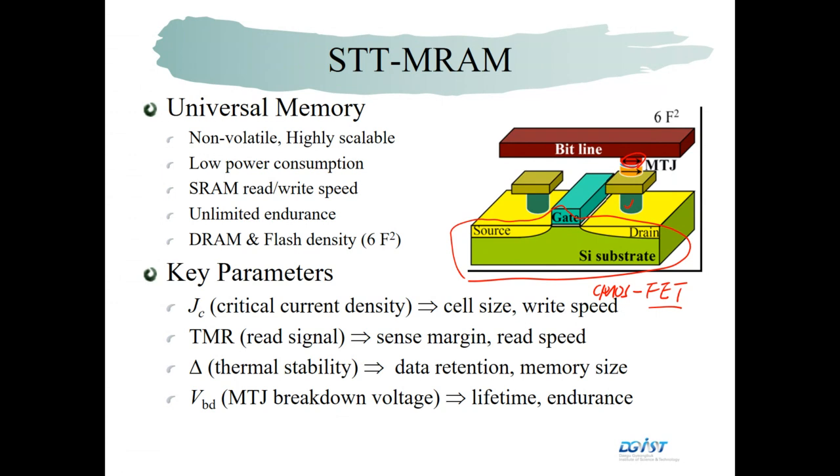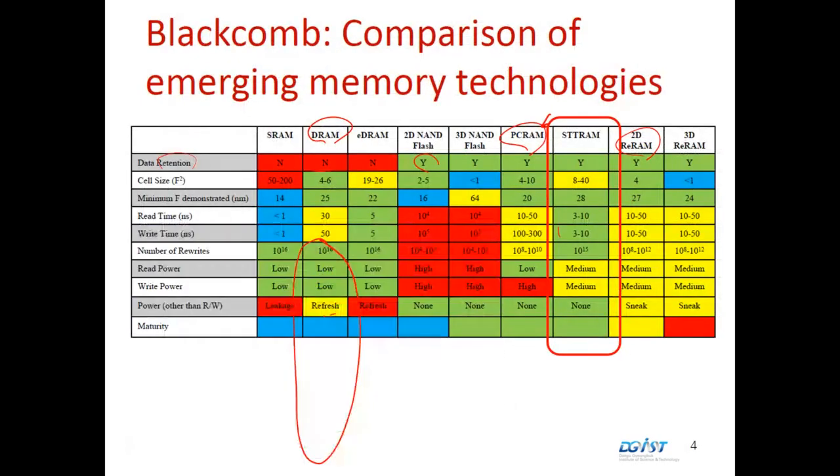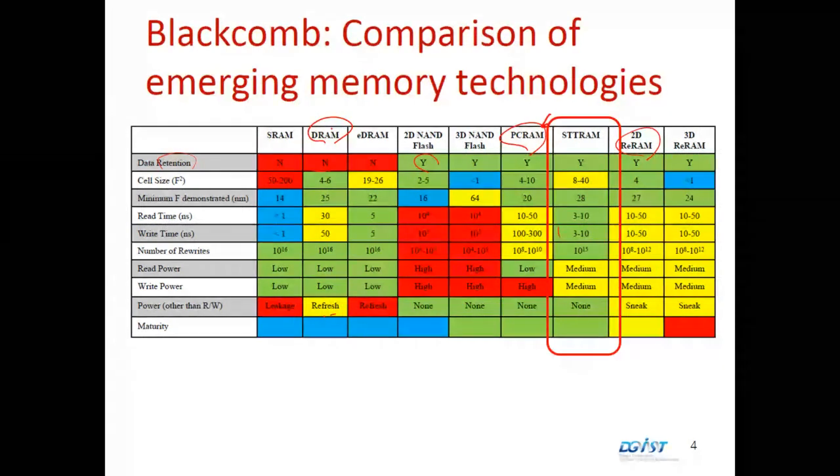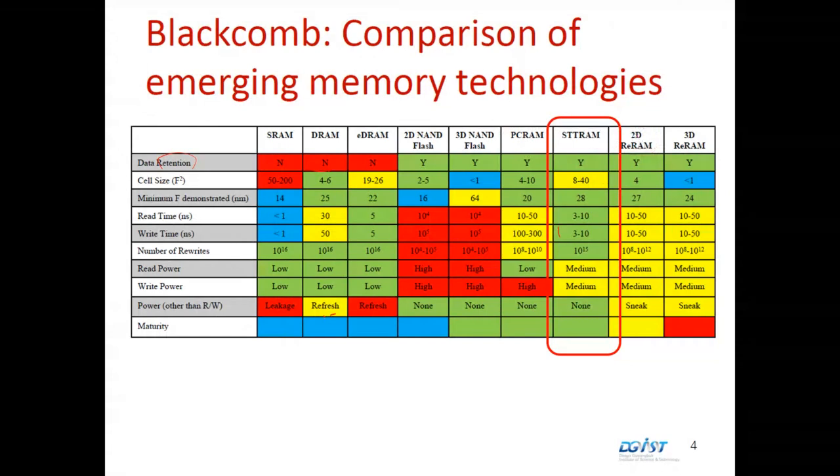This STT-MRAM has many benefits because it can be used in any kind of place. So we call it a universal memory. That means, for example, in this table, we are using DRAM as the main memory of the PC, because there are many advantages despite their disadvantages. Because in modern computer architecture, main memory doesn't need to be non-volatile.